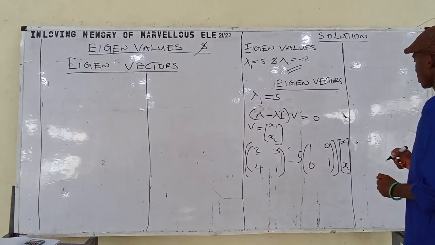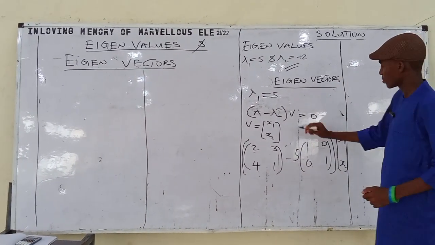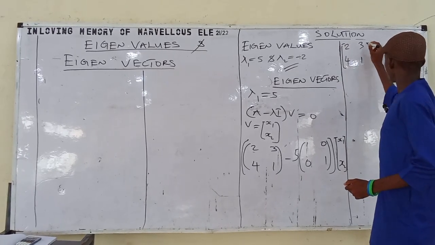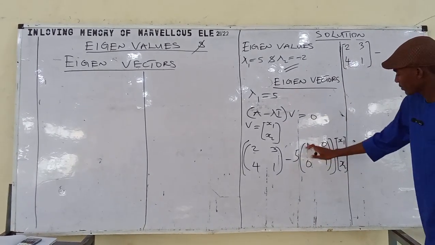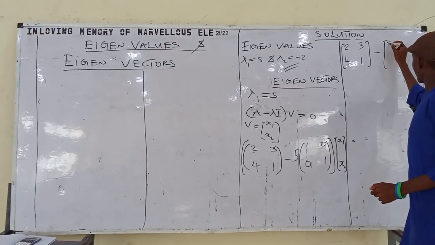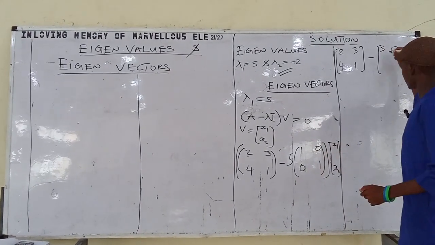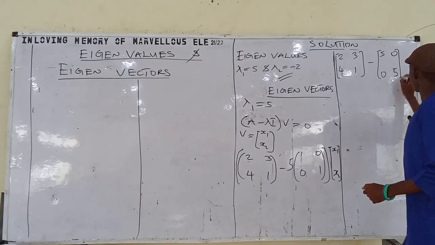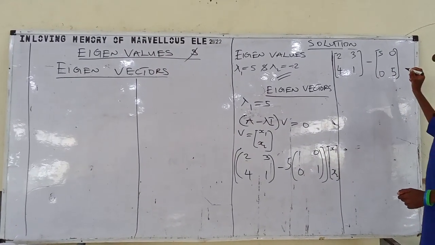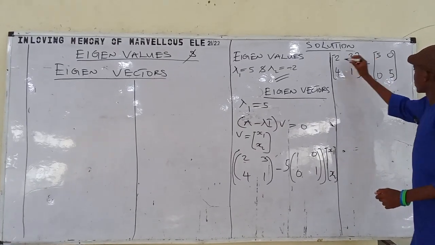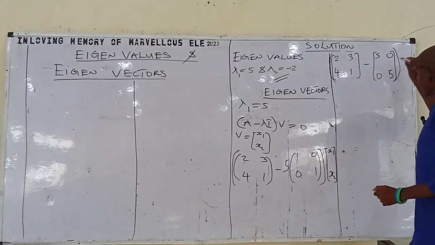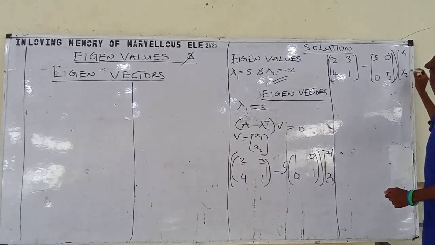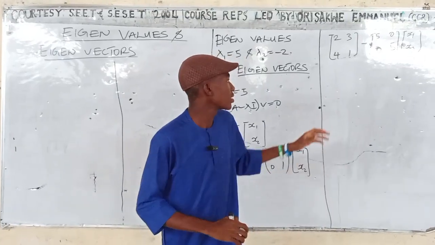Okay, so we have [2, 3; 4, 1] minus [5 times 1, 5 times 0; 5 times 0, 5 times 1], which is [5, 0; 0, 5]. All this is the big bracket multiplied by x1, x2.